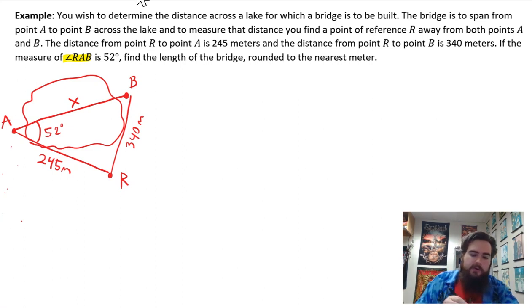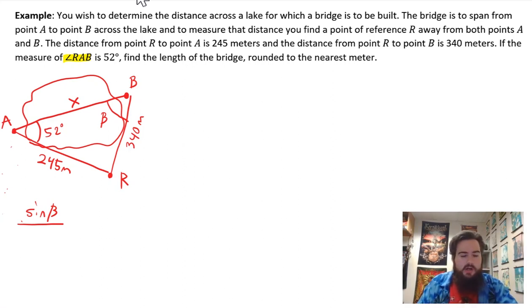I'm going to refer to that angle measure at point B. I'll just call that beta. And if I want to solve for that, I'll set up a ratio of law of sines with sine of beta over the side length that is across from beta, which is 245 meters.